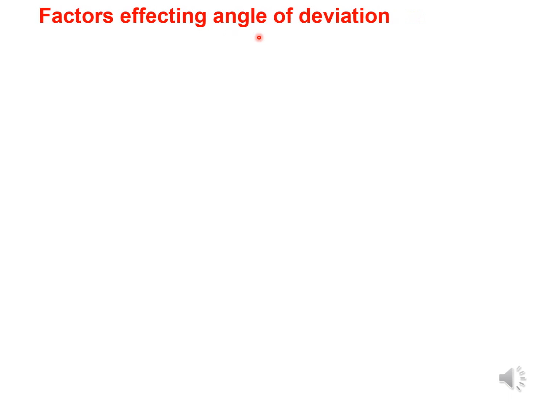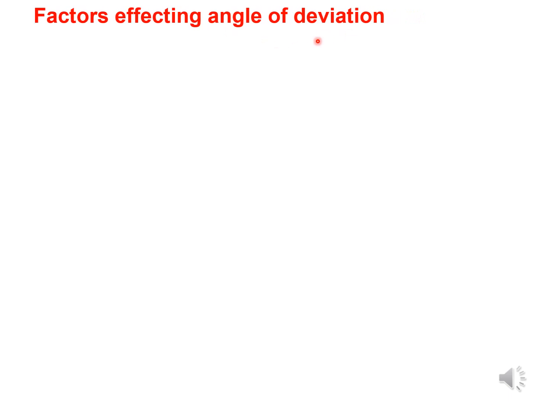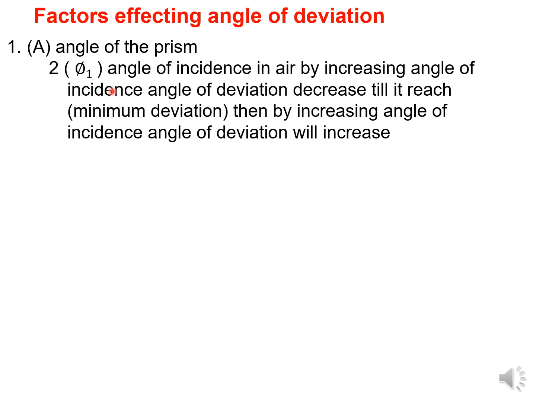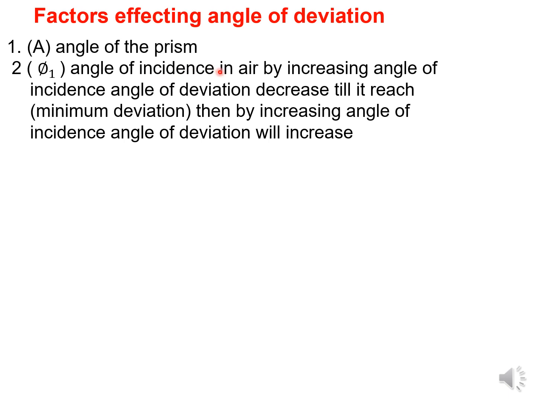Factors affecting angle of deviation alpha. Number 1, angle A, the angle of the prism. Number 2, phi 1, the angle of incidence in air.